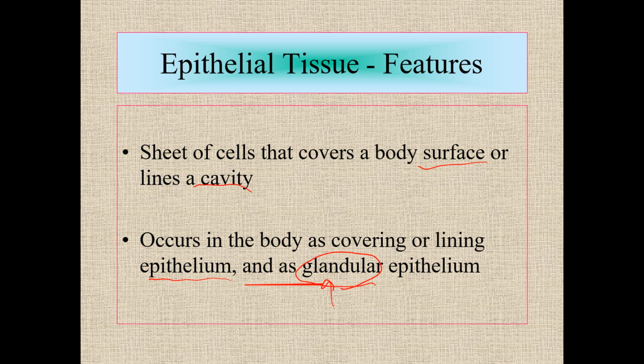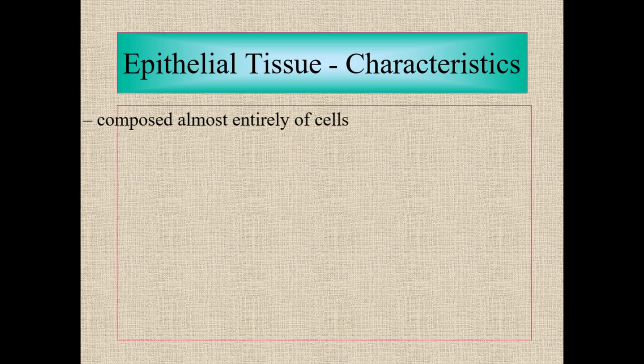All right, so now what we have are the characteristics. When you take a look at a tissue and you're trying to determine what tissue it is, most of the time, if you see a slide that is jam-packed full of nothing but cells, then that most likely is going to be epithelial tissue. And there are, of course, some exceptions, and you'll get used to them as you start to go through.